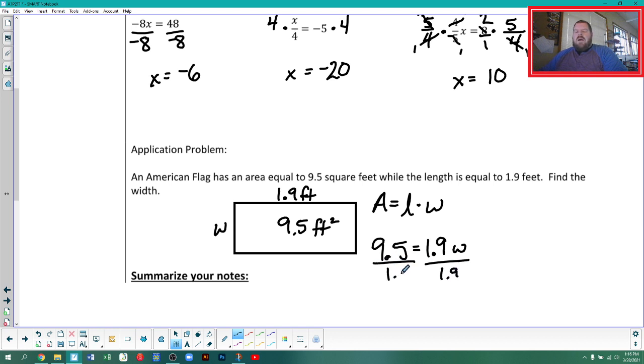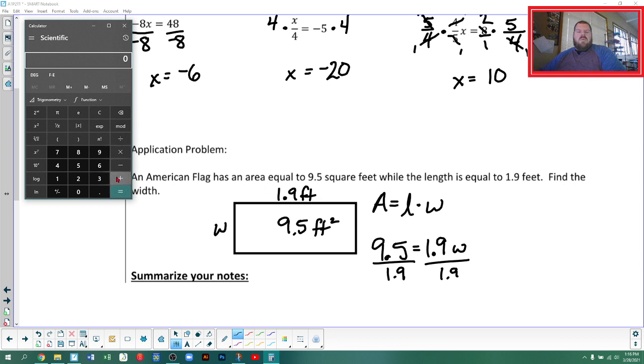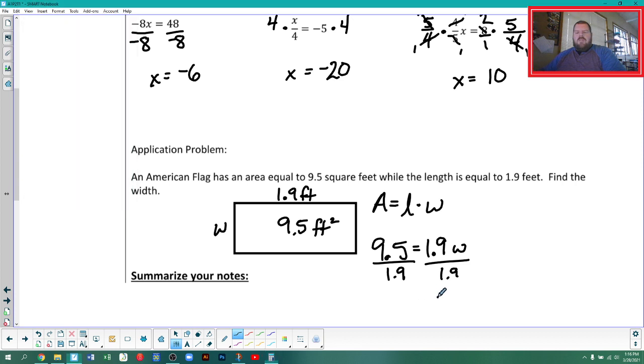Divide by 1.9. And I'm never going to say don't use a calculator. We're at that stage in life now that we can use calculators. Divided by 1.9, and it's 5. The width would be equal to 5.